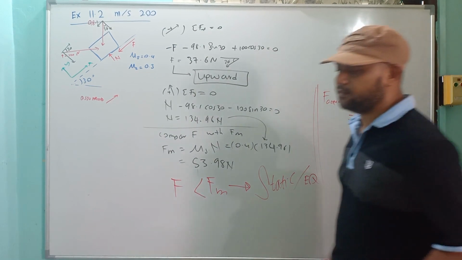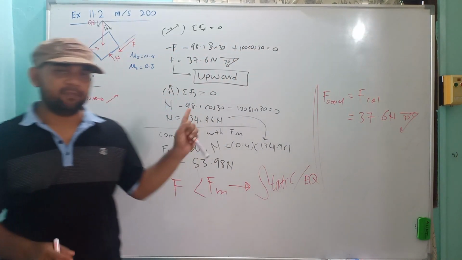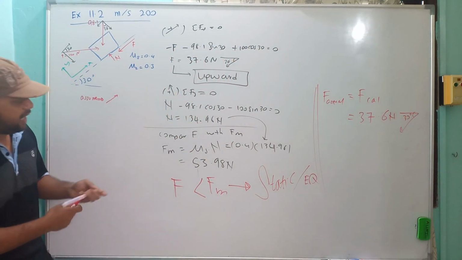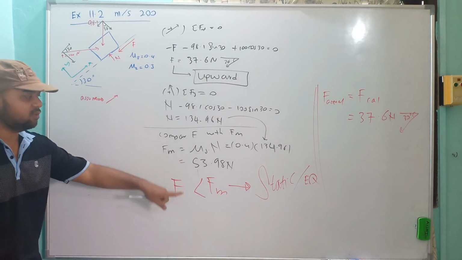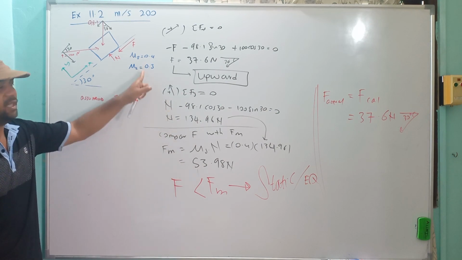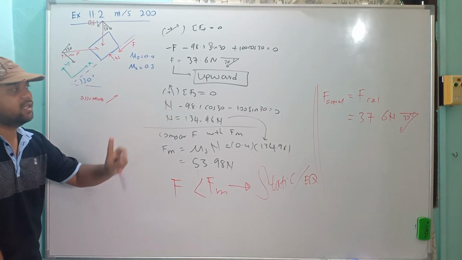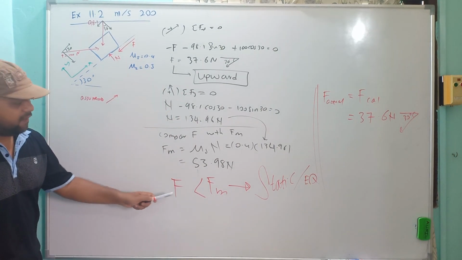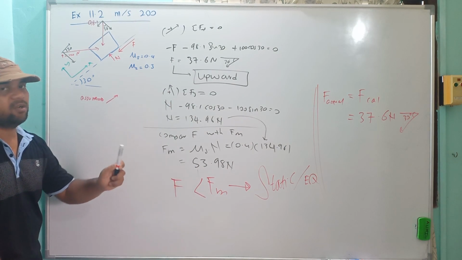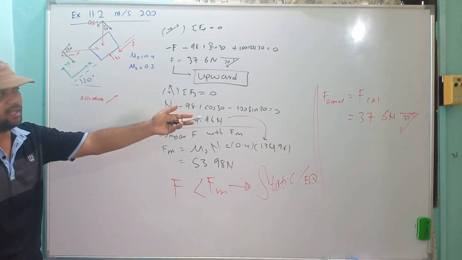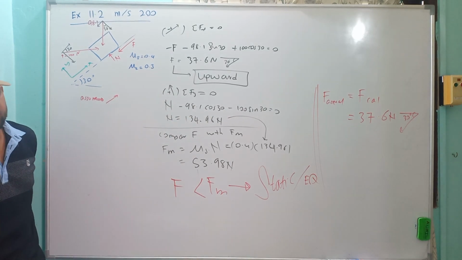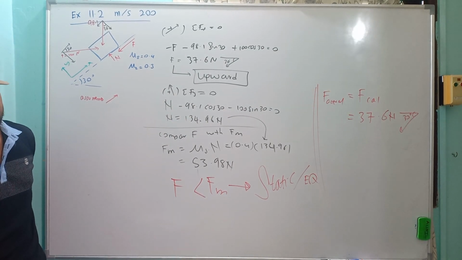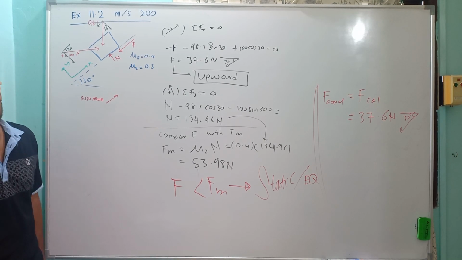Okay, so in the first example that I showed you, where F is bigger than Fm, the component is moving, so we have to recalculate the friction force using mu k because it is moving. Now we have F smaller than Fm, meaning that the component is not moving, so our actual F is the same as what we have already calculated, 37.6 Newton.